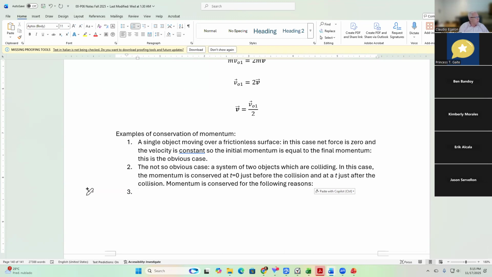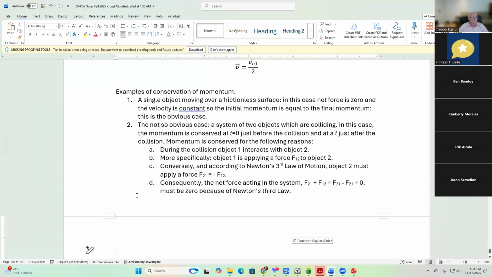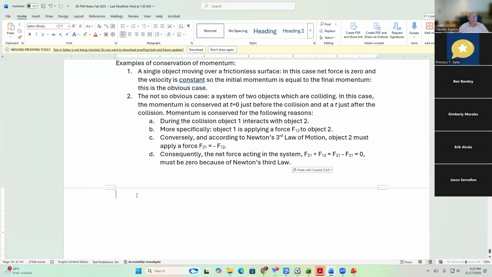Momentum is conserved for the following reasons. During the collision, object 1 interacts with object 2. More specifically, object 1 applies a force F12 to object 2.